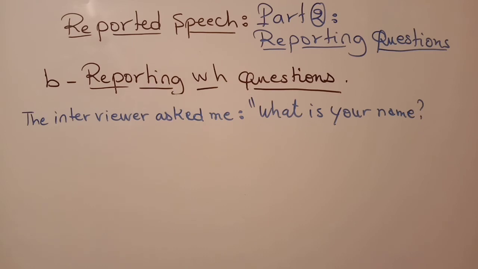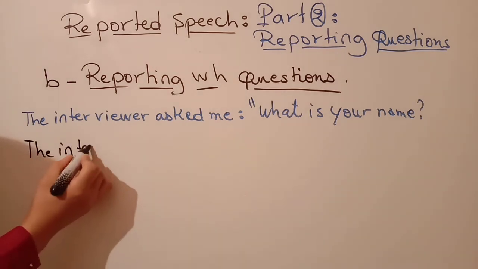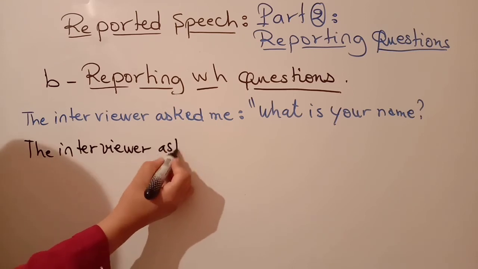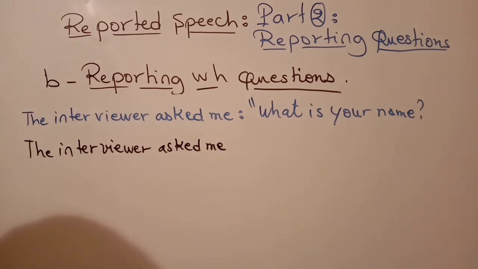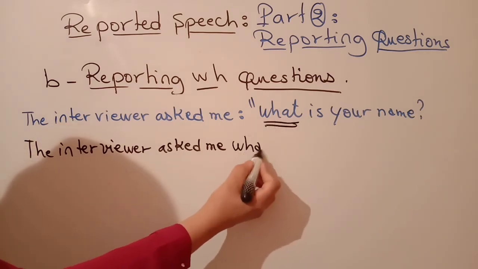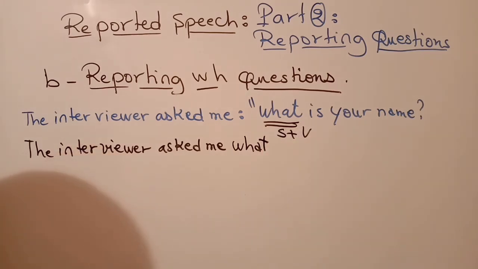Okay, so let's study this example to make things clearer. The interviewer asks me, "What is your name?" The first part doesn't change: the interviewer asks me. Clear? Here, the link is not if or whether. The link is the WH word, what. Then subject plus verb. Where is the subject?